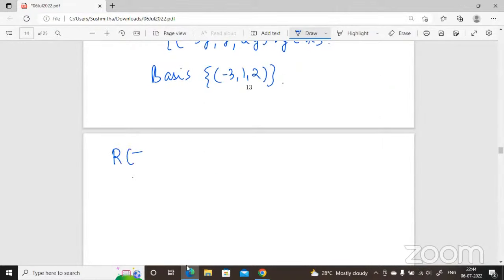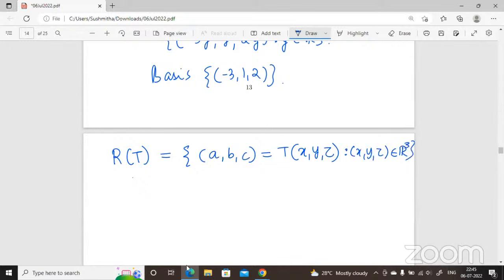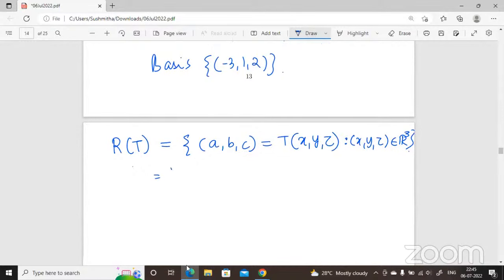What is the range space? The set of all (a, b, c), which is equal to T of (x, y, z), such that (x, y, z) is in the domain, R cubed. So this is the set of all (a, b, c) such that it is equal to T of (x, y, z).